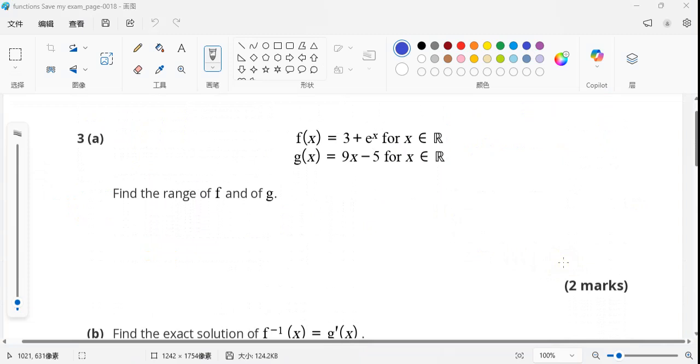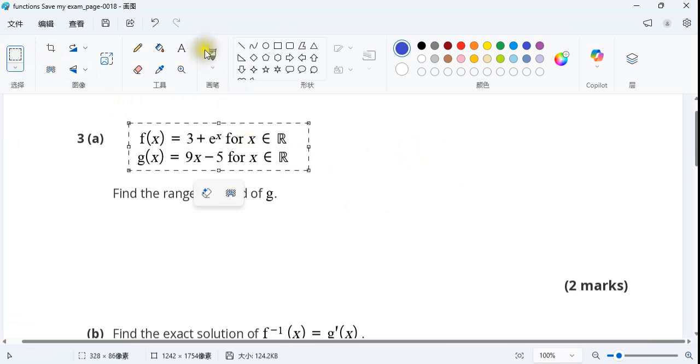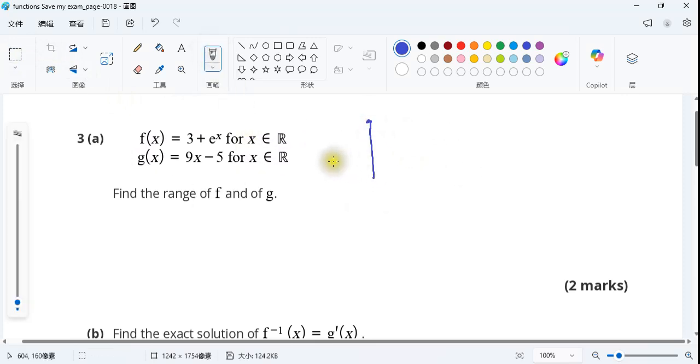Next, find the range of f and g. So f(x) is 3 + e^x. e to the power x is like this, and its range is greater than 0. Then we have plus 3, so y is greater than 3.